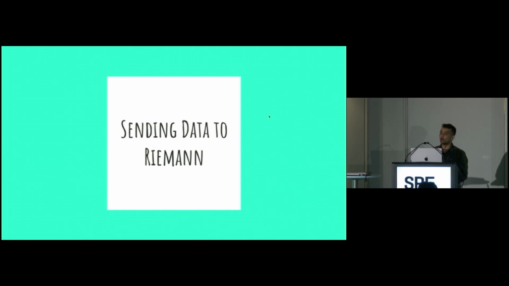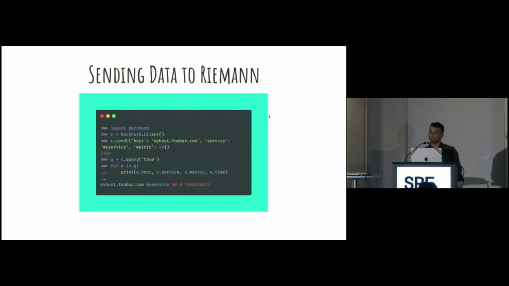Now let's look at how you can send events to Riemann. One way is that you can integrate the sending feature as part of your application by using the language-specific libraries.